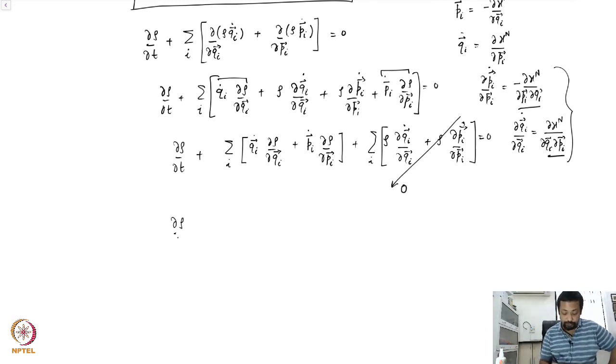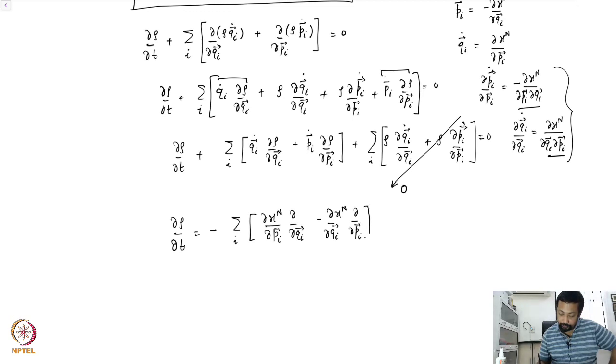And therefore, you have an equation which is del rho del t. I will take it to the other side. Sum over i of del hn del pi del del qi minus del hn del qi del del pi, times rho.